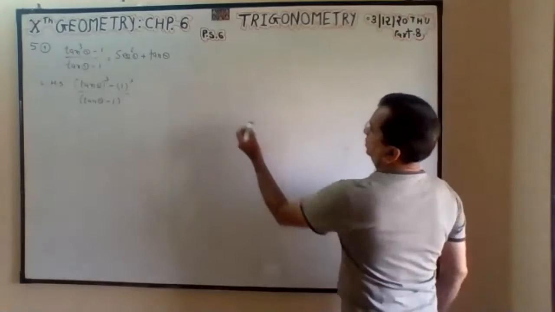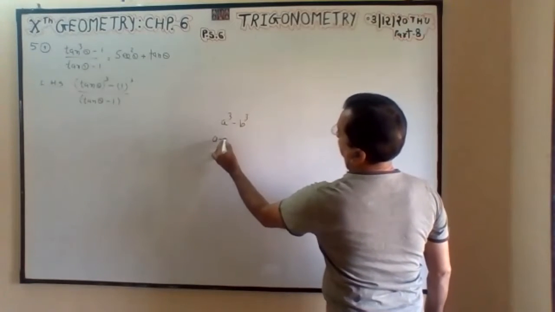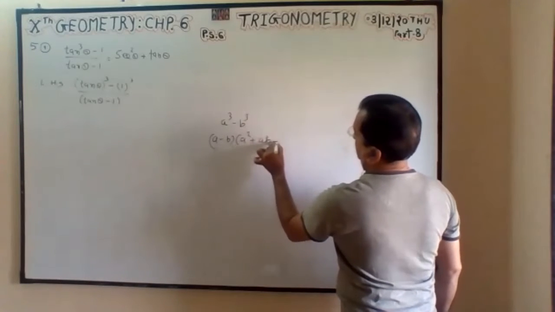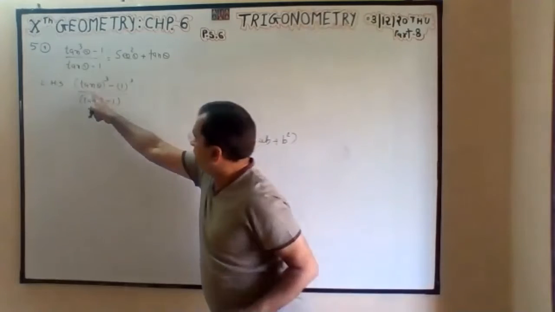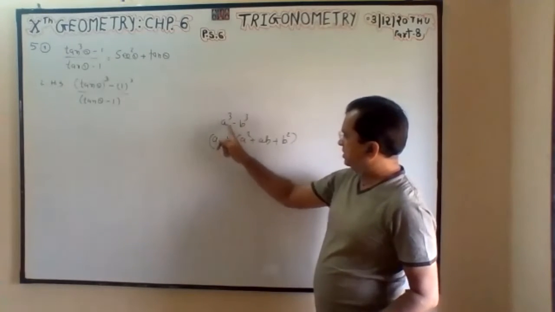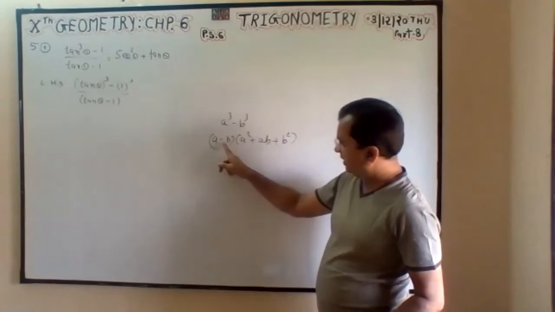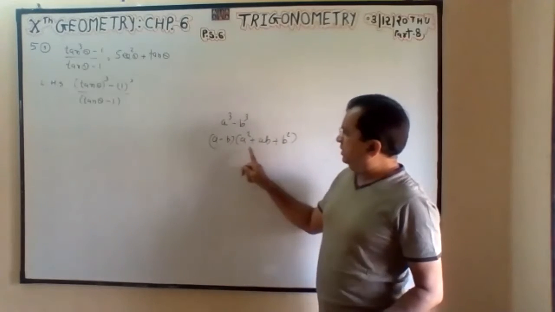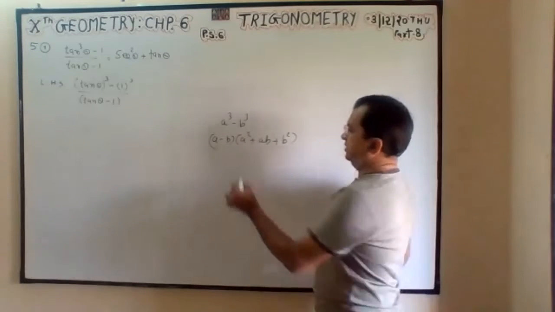Now you know that a cube minus b cube is equal to (a minus b)(a square plus ab plus b square). See the formula carefully: if here minus, here plus. That is the formula.